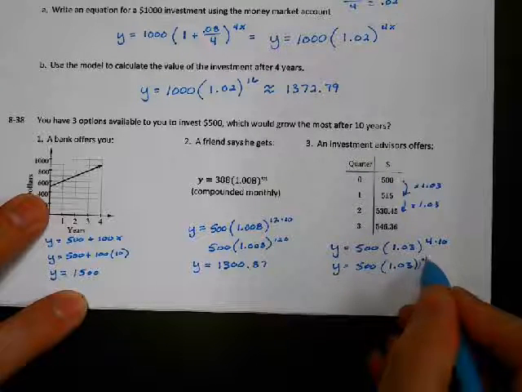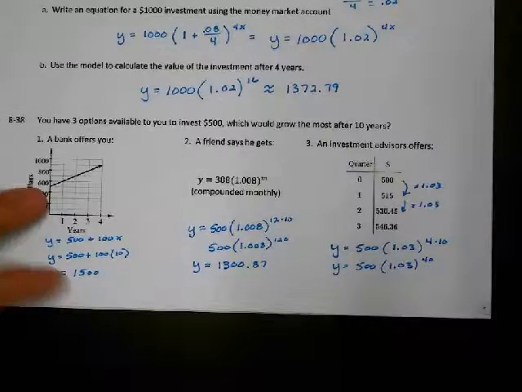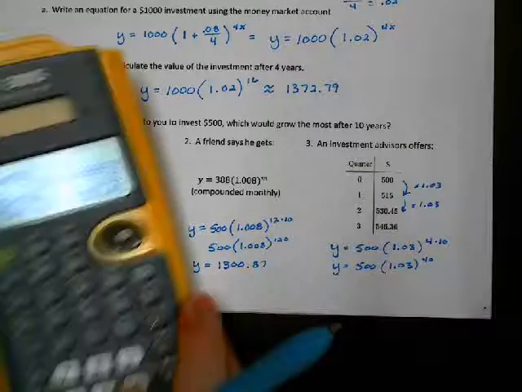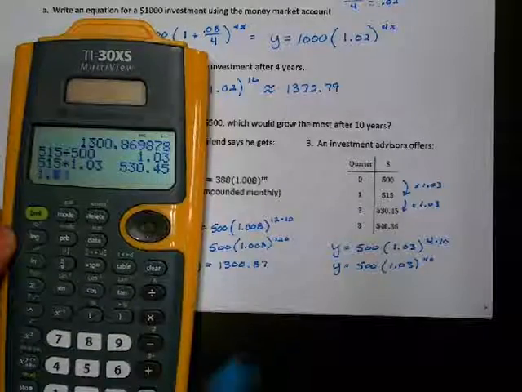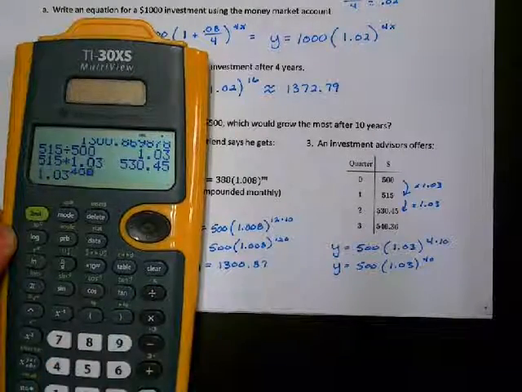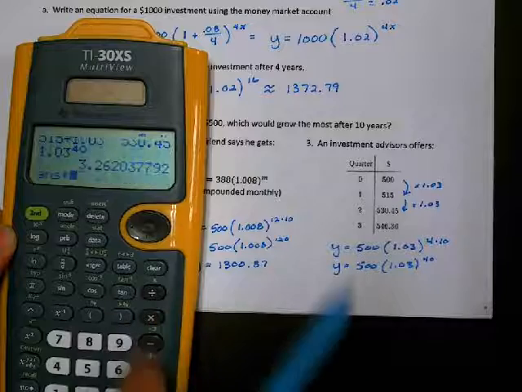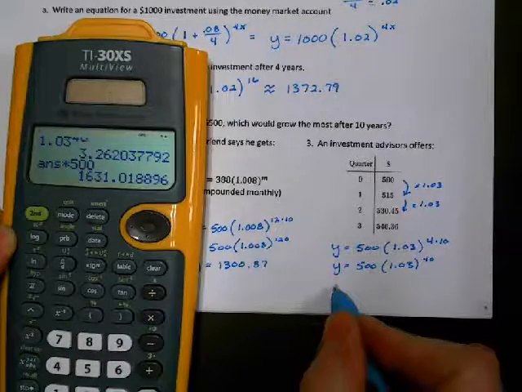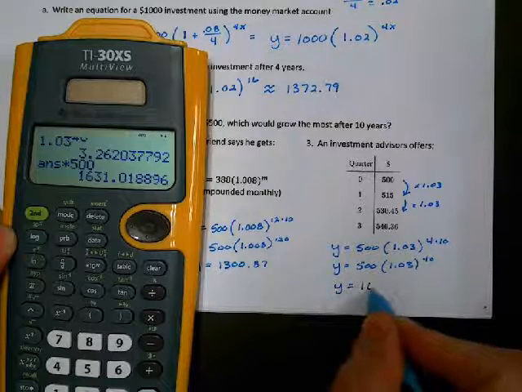All right, so 1.03 to the 40th power, and then multiply that by 500. And in this situation, I would get $1,631.02. Looks like that last one's the best one.